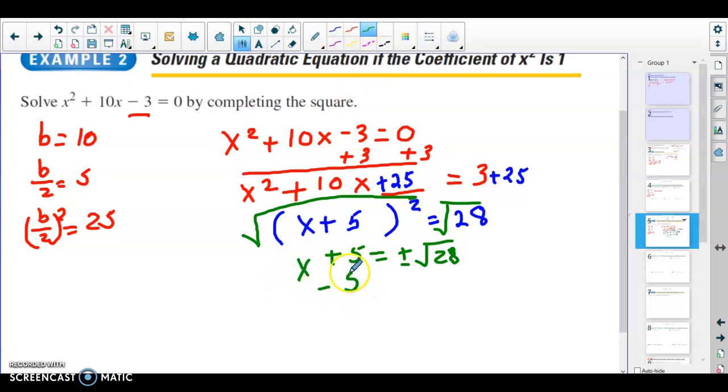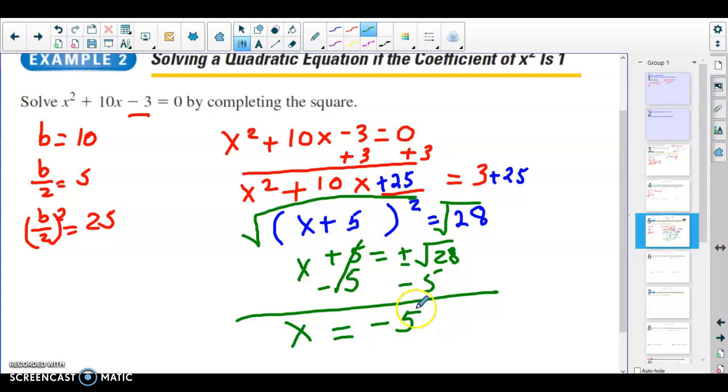There you go, minus 5, minus 5. I have x, and that cancels, equals. Okay, so this is where it's going to get confusing because you're not used to seeing it written like this. I'm going to put the minus 5 up front because I always put the whole number up front. And this is plus or minus the square root of 28.